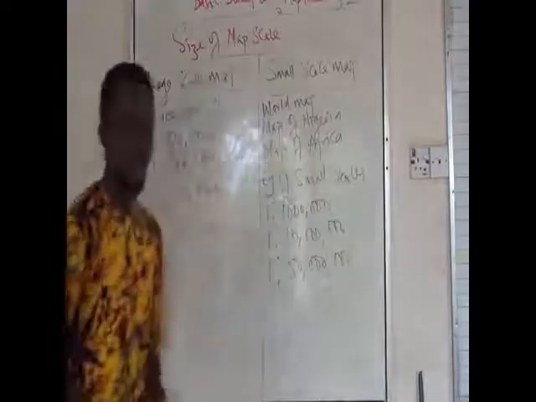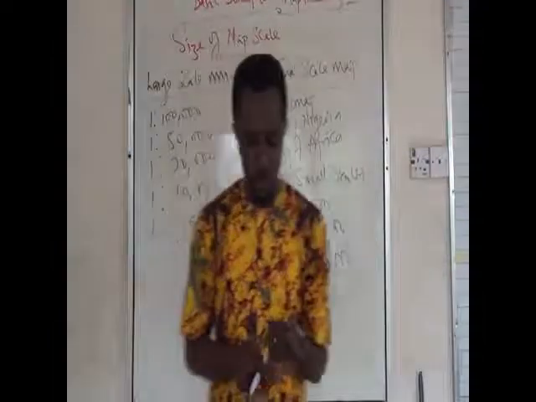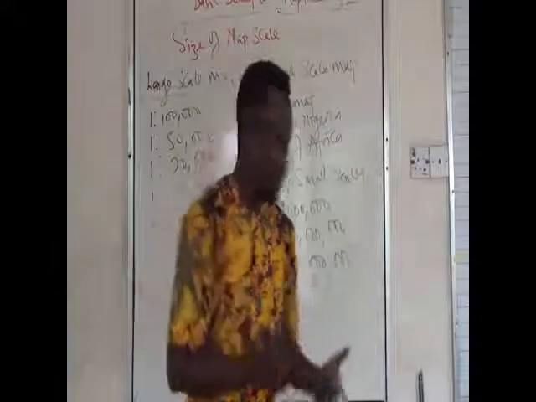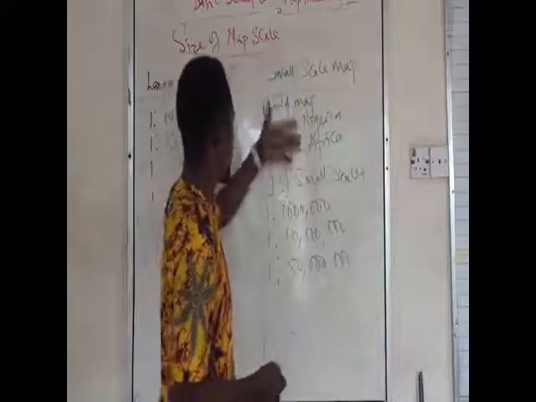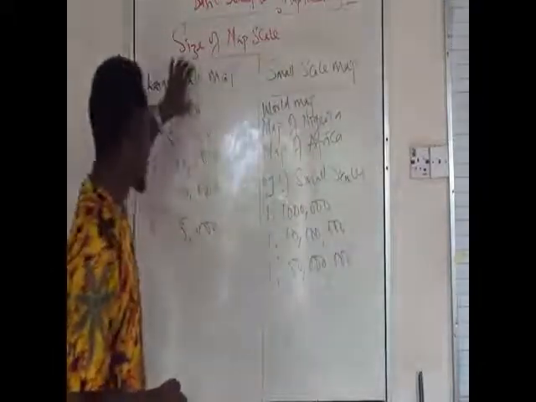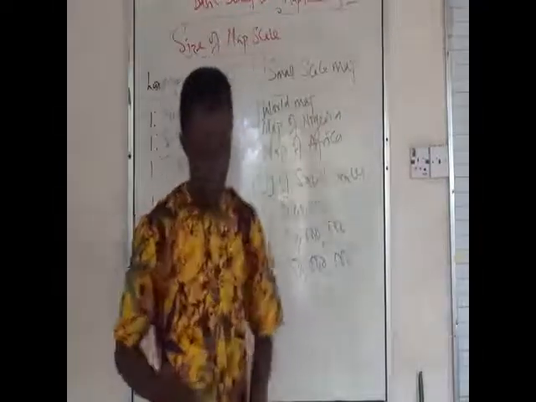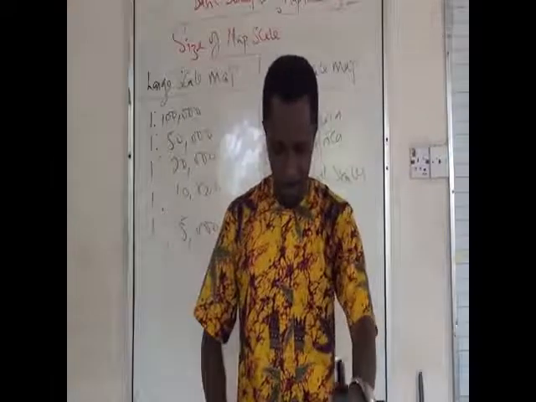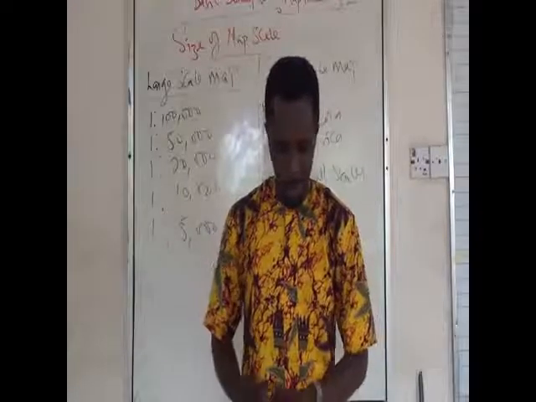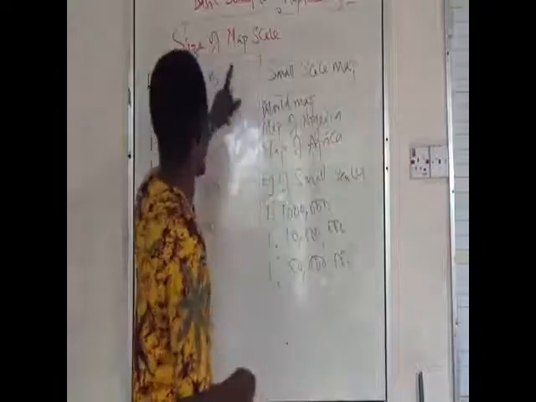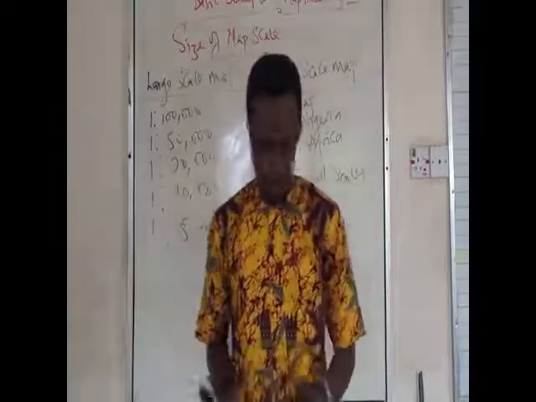These are all examples of small scale. Always remember, the smaller the denominator, the larger the scale. The larger the denominator, the smaller the scale. Good. So that is that on types of maps, size of map, scale.